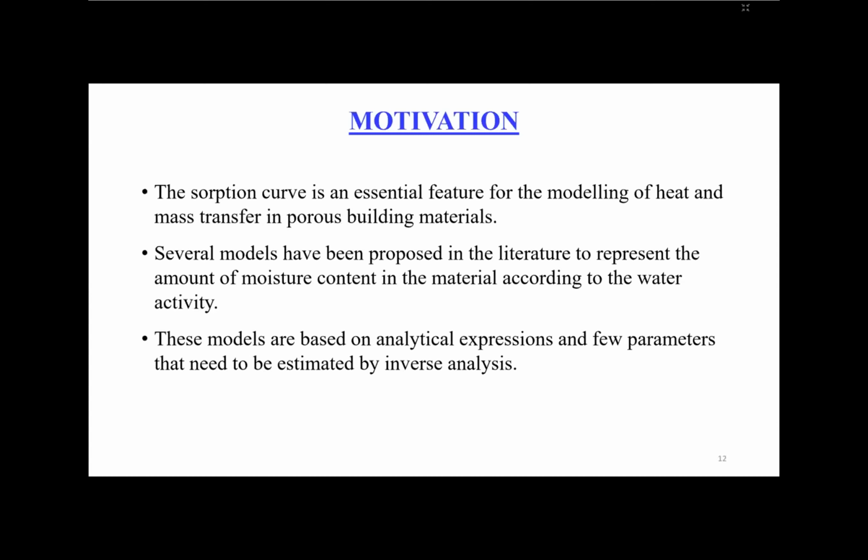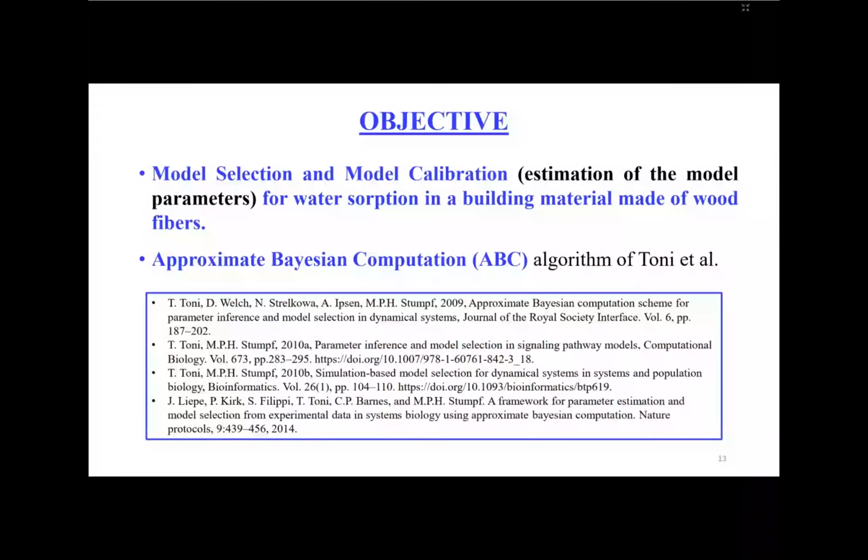Several models have been proposed in the literature to represent the amount of moisture content in the material according to the water activity. And these models are based on analytical expressions and few parameters that need to be estimated by inverse analysis.